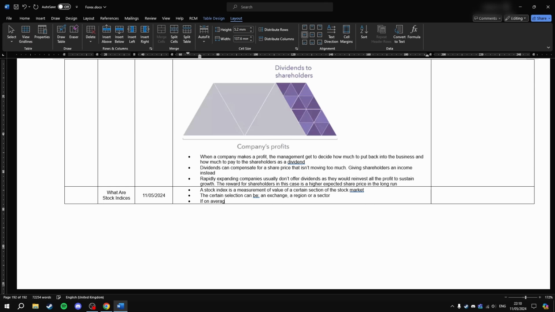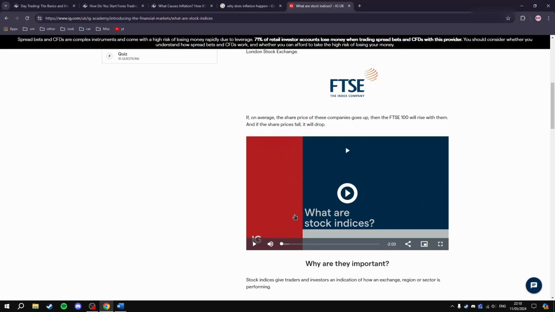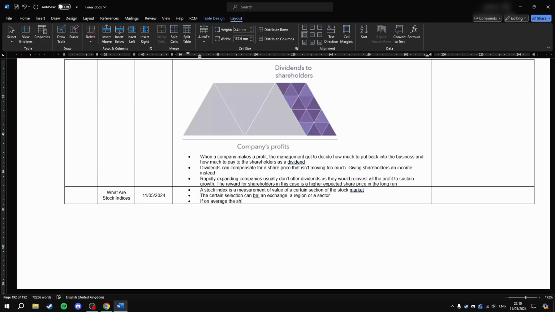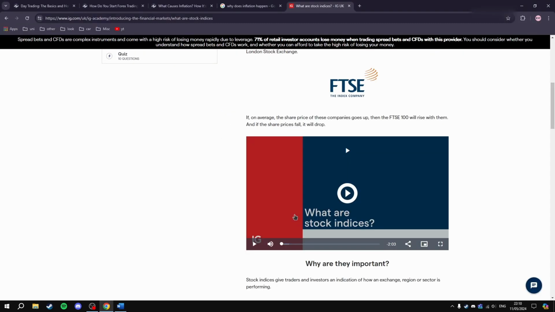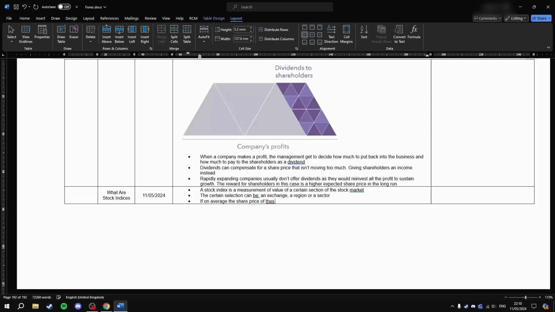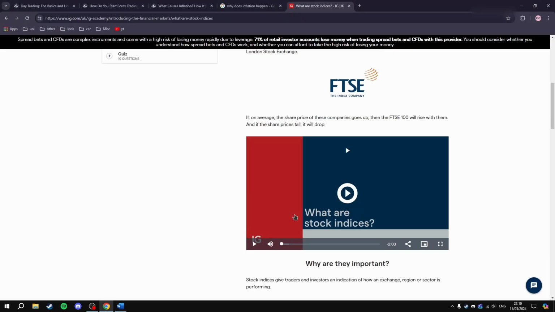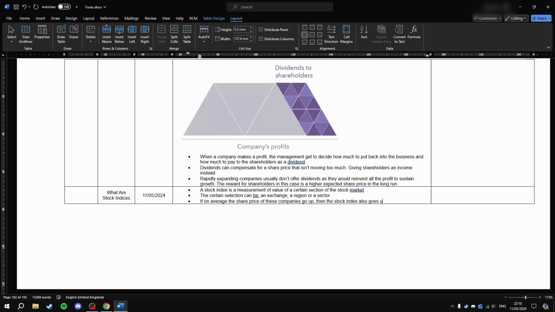If on average the share price of these companies goes up, then the stock index also goes up.